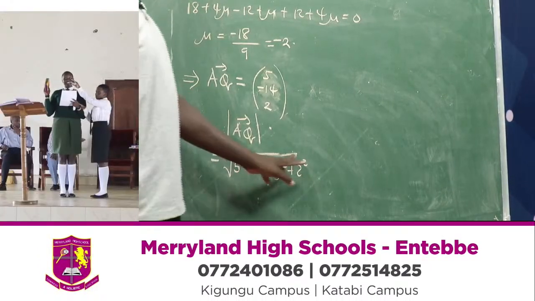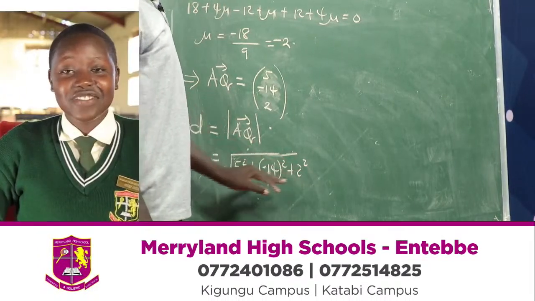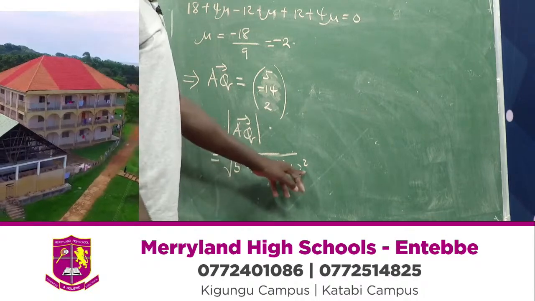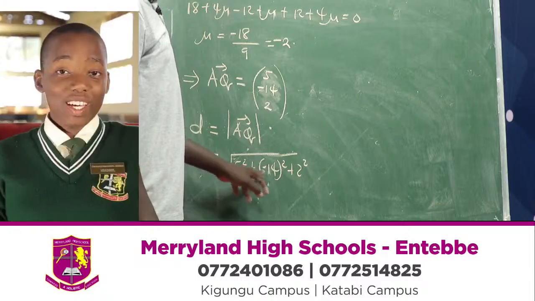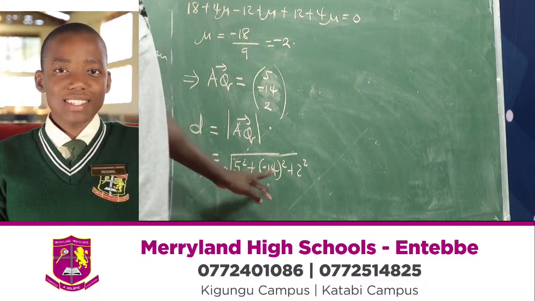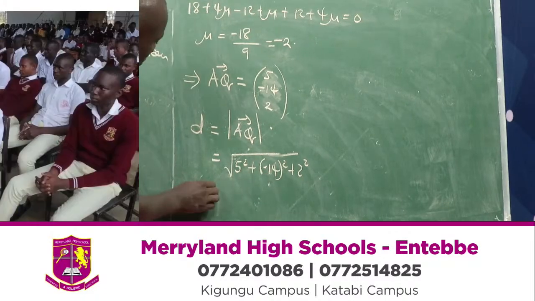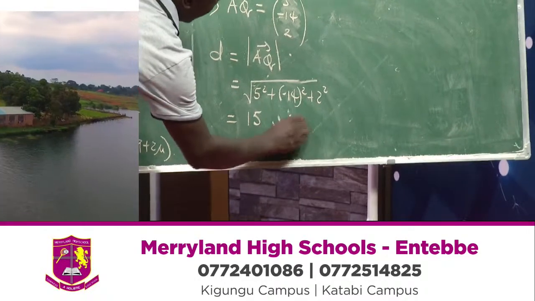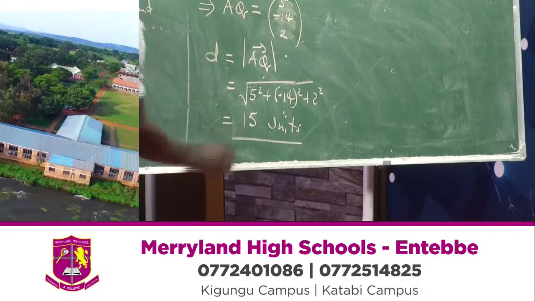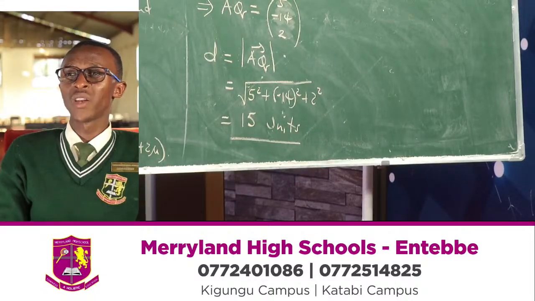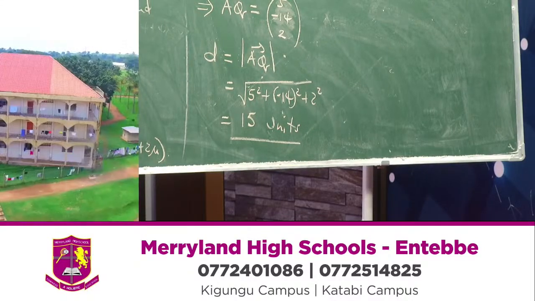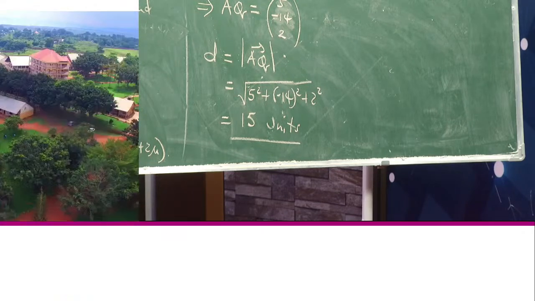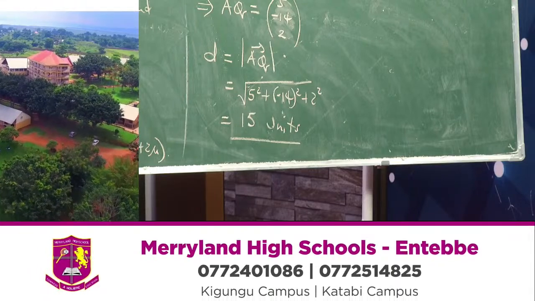So I have 25 plus 196 plus 4, something like 225. So root of 225, that is 15. So that should be the separation between the two lines. You can use some 2 seconds to copy that.